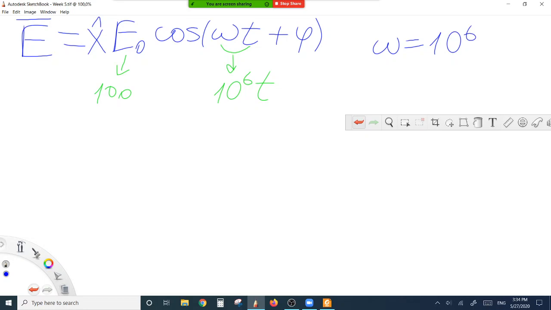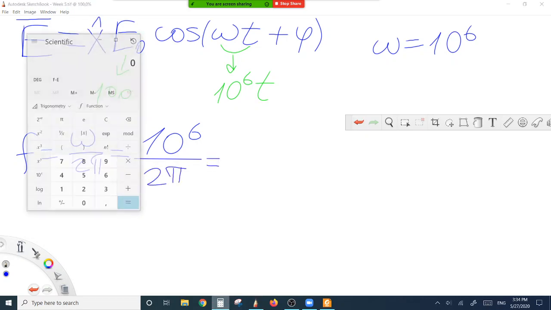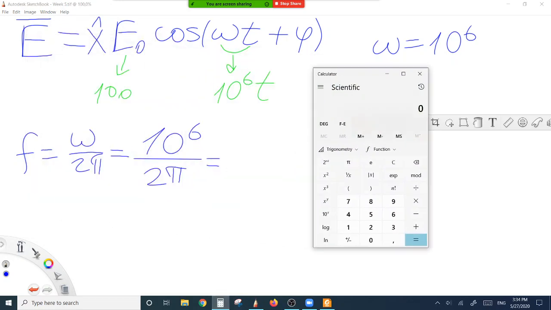And what about frequency? Frequency is omega over 2 pi, which is 10 to the power 6 over 2 pi. So let's compute 10 to the power 6 divided by 2 divided by pi.